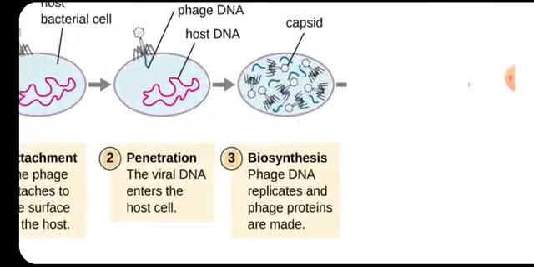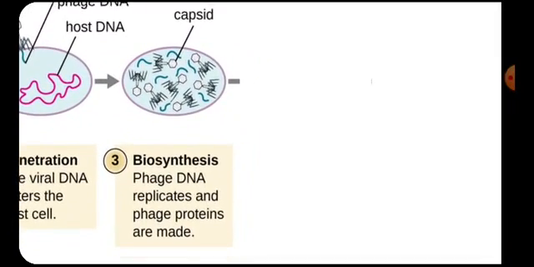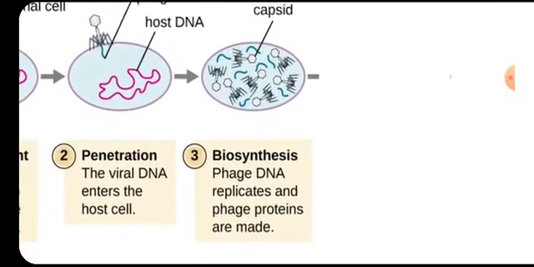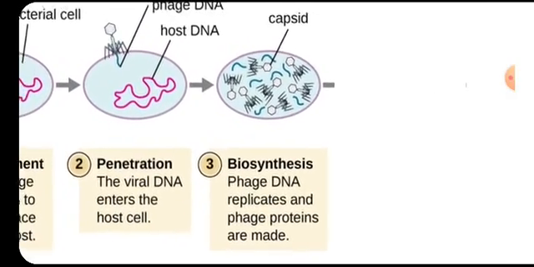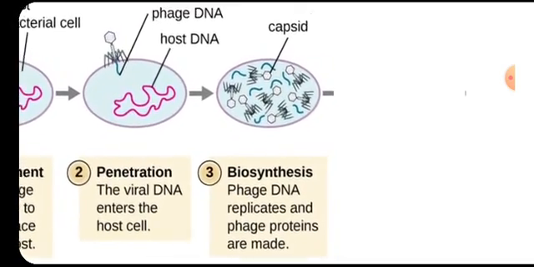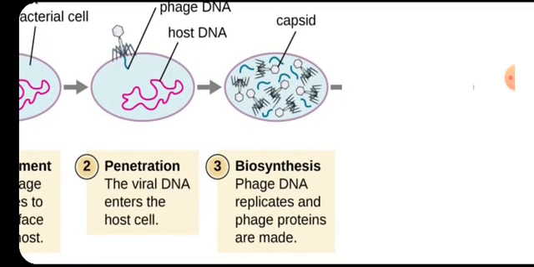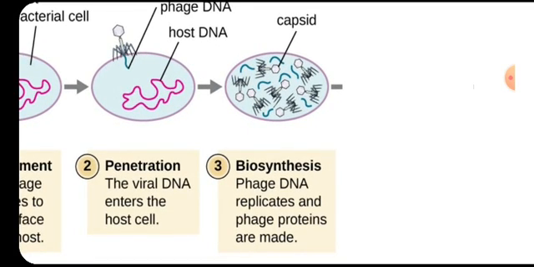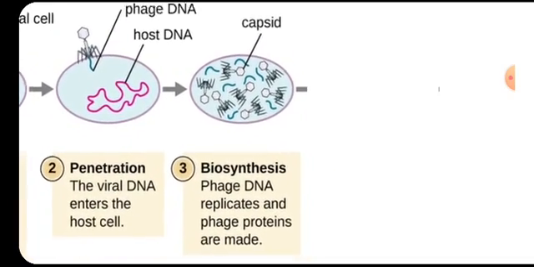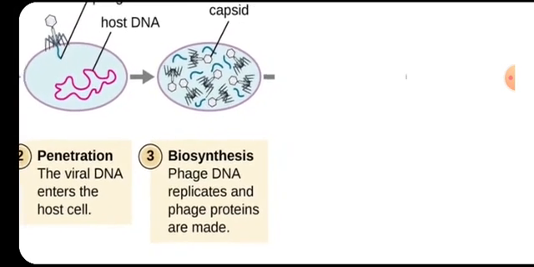Third step. Now here all the steps have been combined. So you can see that in the second step only viral DNA enters inside the bacterial cell cytoplasm. The rest of the components, that is capsid, contractile sheath, tail pins, tail fibers, remain outside the bacterial cell, which ultimately fall off.